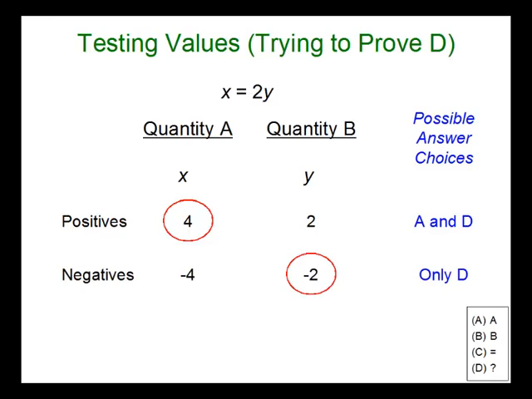Our next thing to do when trying to prove D is just see whether we can find a case where quantity B is greater. And it turns out when you plug in negative values, doubling y means x becomes even more negative. So A is less in that case, and B is greater. So once you have those 2 cases, you've proven D, and D is the answer here.